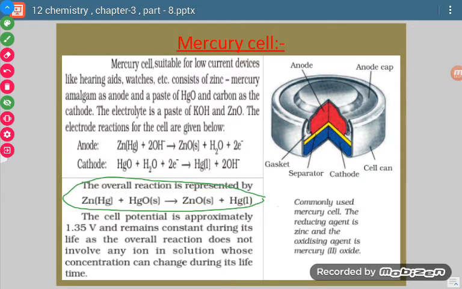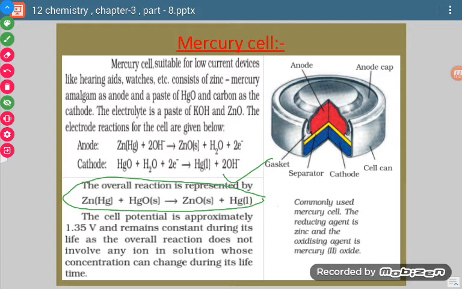Now see, what is the difference between this particular cell reaction and the previous cell reaction? The difference is, in this case there is absence of ions in reactants or products. If there is absence of ions, then their concentration does not change with time.